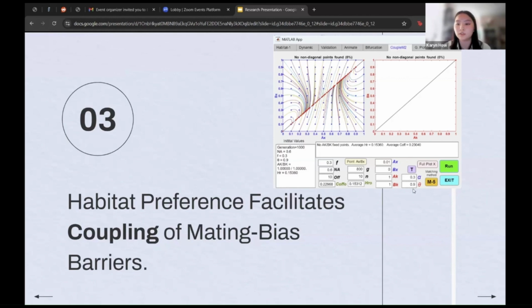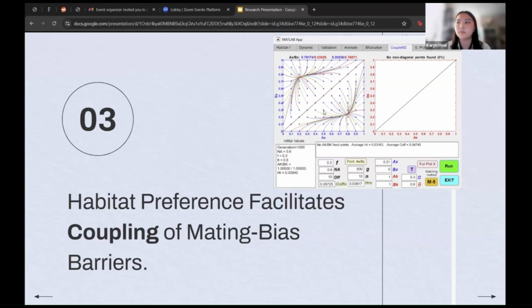However, if we reduce the data from 0.9 to 0.6, which means strengthening the habitat preference barrier, we're able to move towards a coupling polymorphism on both sides, which means that it's establishing reproductive isolation, because the habitat preference barrier is limiting the gene flow and facilitates the coupling of the mating bias barrier and strengthens the overall reproductive isolation.